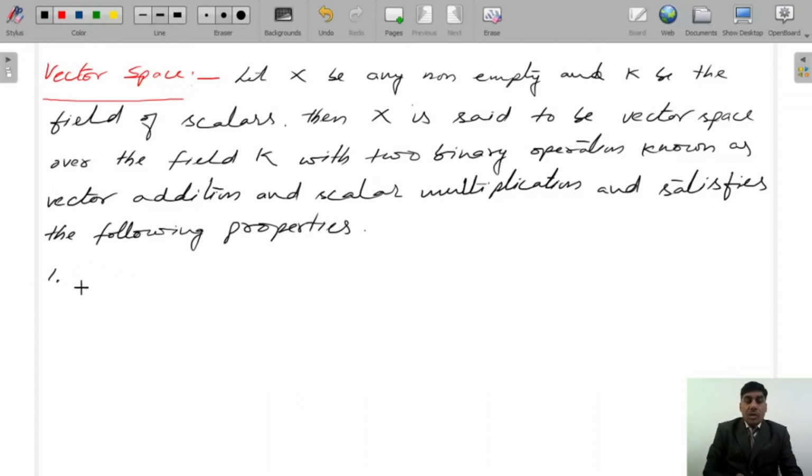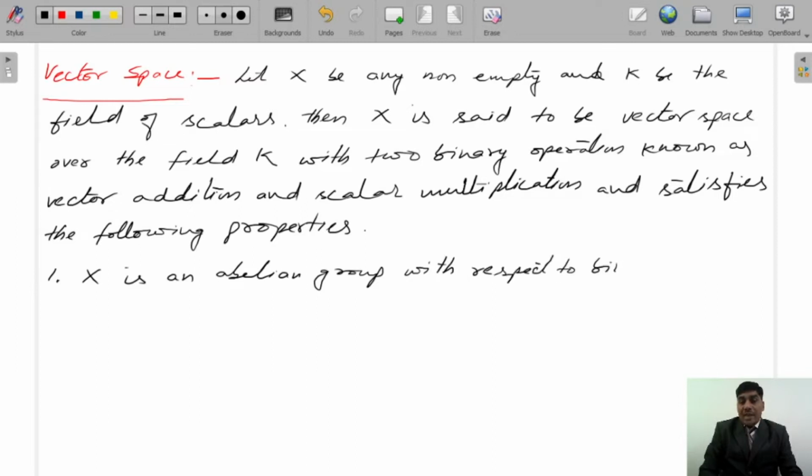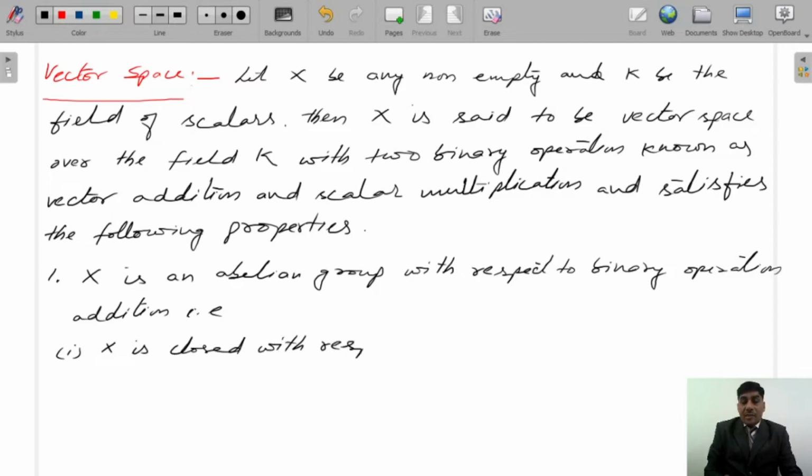1. X is an abelian group with respect to binary operation addition, that is, first, X is closed with respect to addition.